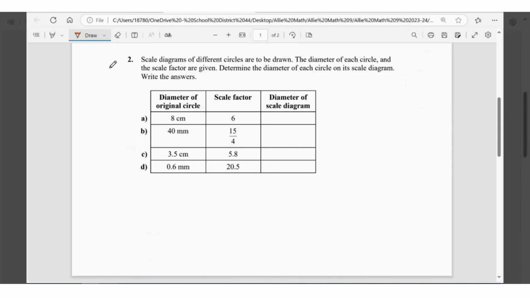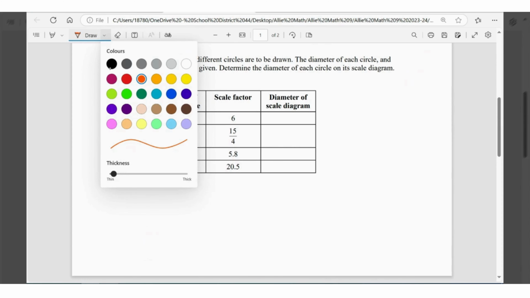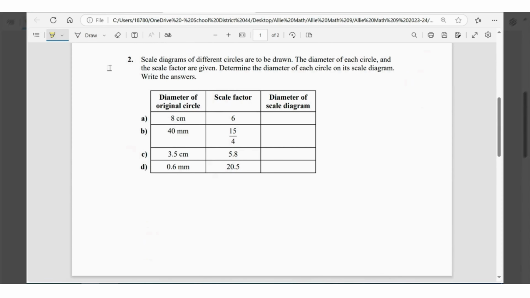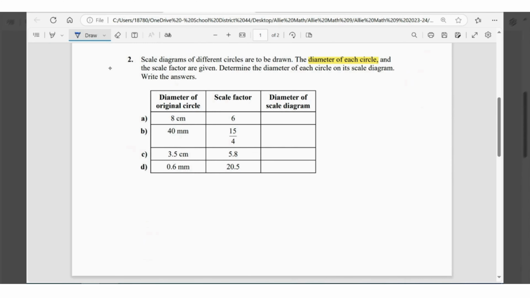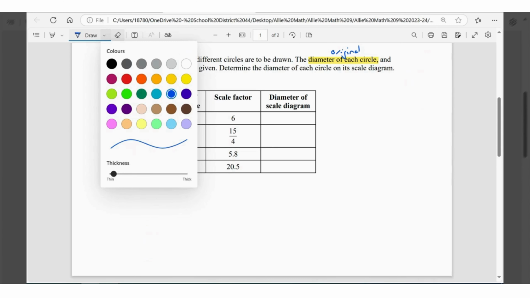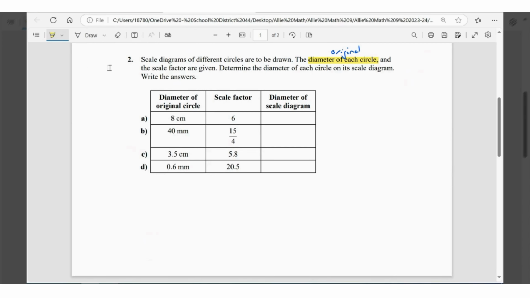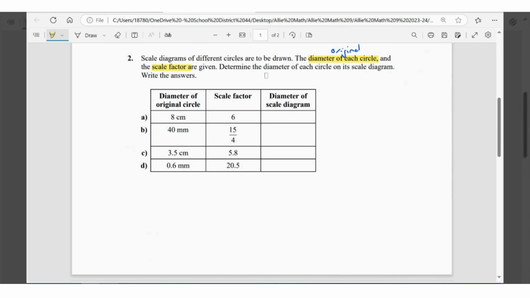So the diameter of each circle, that would be the original. And we have the scale factor. Okay, beautiful. So we know what those are, but we're looking for what the scale diagram is going to look like. Determine the diameter of each circle on its scale diagram.